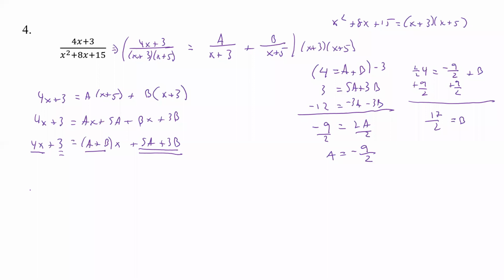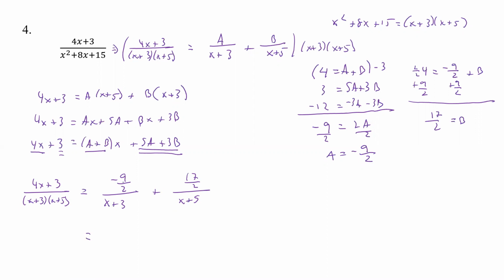So in reality then, we have (4x + 3) over (x + 3)(x + 5) equals, and now our A was -9 halves over (x + 3), plus B, which was 17 halves over (x + 5). And so what we can do is leave it like that, or we can write it in the denominator.